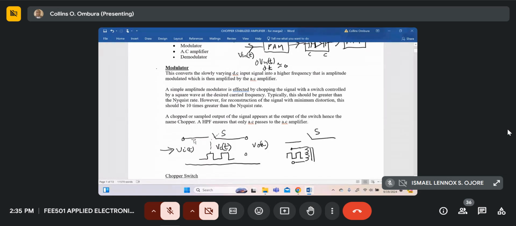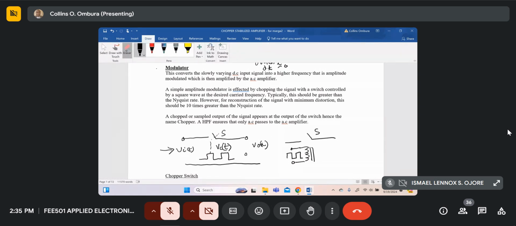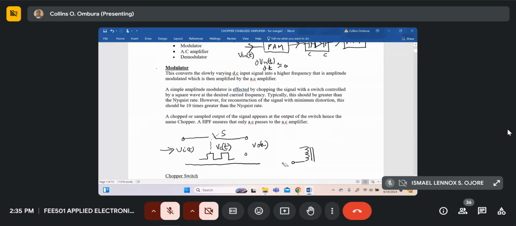So let's consider the requirements of a chopper switch. If we just draw some hypothetical, let's assume this is our input signal, a very slowly varying input signal.